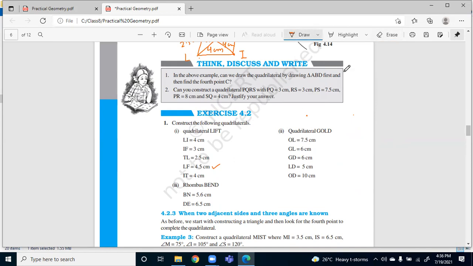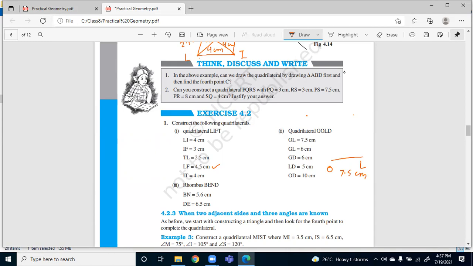So that is quadrilateral GOLD. In the second part, the base would be OL, which measures 7.5 centimeters.